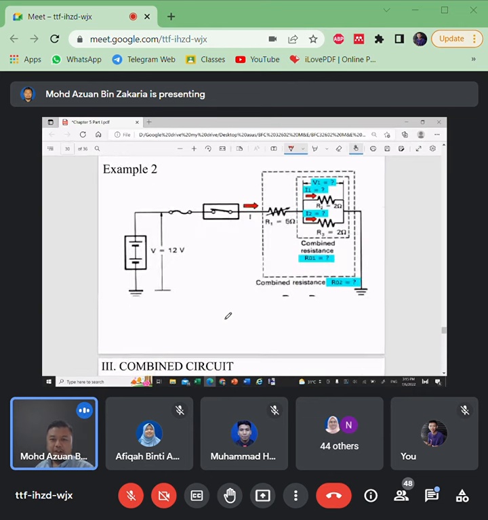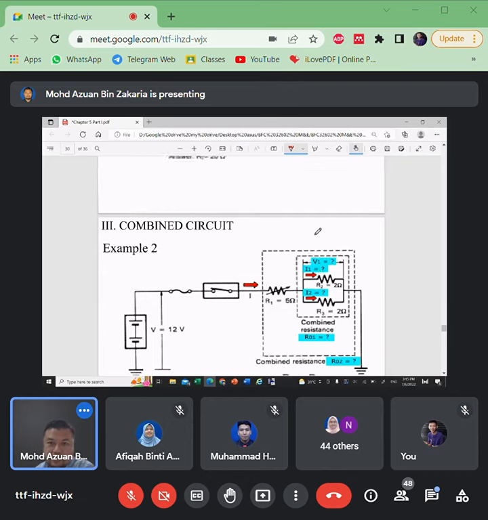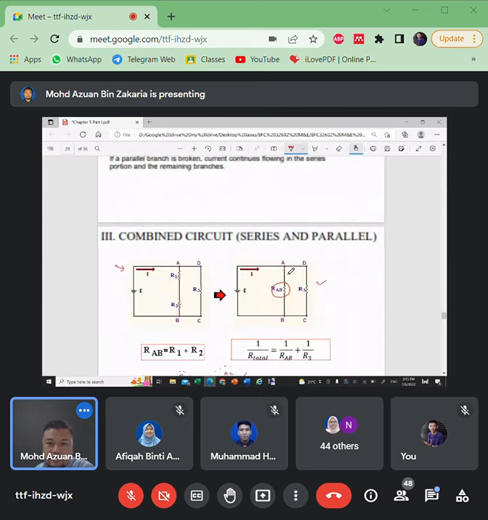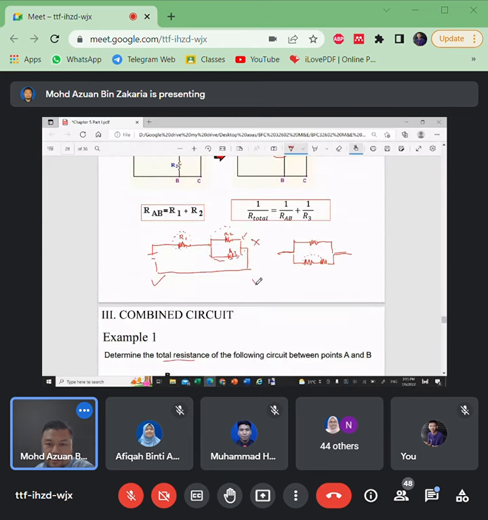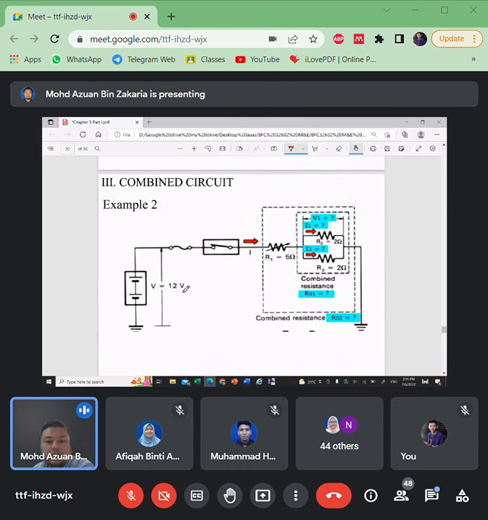Let's look into this one. All right. In this circuit, we have a connection like this. We have a supply of 12 volt. We have one resistance outside, R1 is 5 ohm.